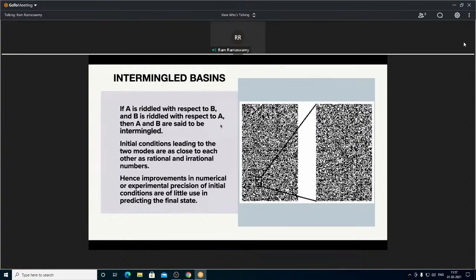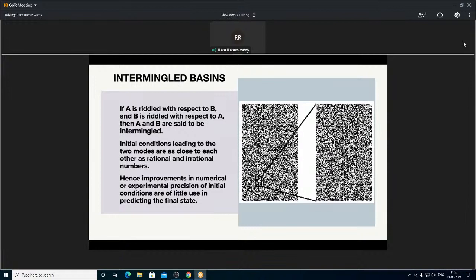So shown on the left over here is some system. I want to convey the idea. All the black points lead to one attractor, all the white points lead to another attractor. And you can see the black and the white are completely meshed in very close to one another. If I take a small region of this and I blow it up, it looks exactly the same. It's fractal in its construction. And here also, any initial condition of black is very close to that of white.